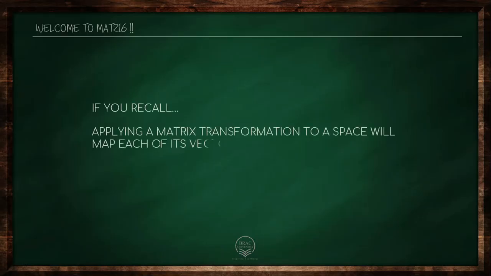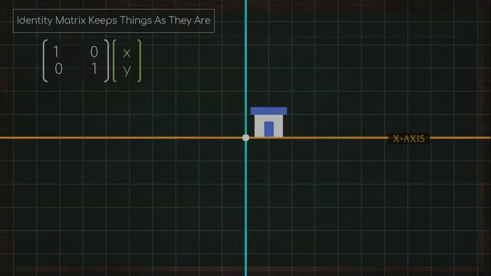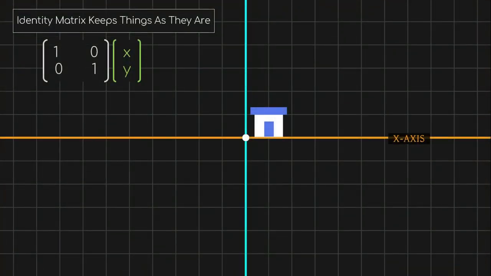Whenever we apply a matrix transformation to a space, the space is transformed. Well, yeah. And every vector is being mapped to some other vector. So let's see what that looks like, just to refresh our memories. This is our original space. The identity matrix keeps things as they are.